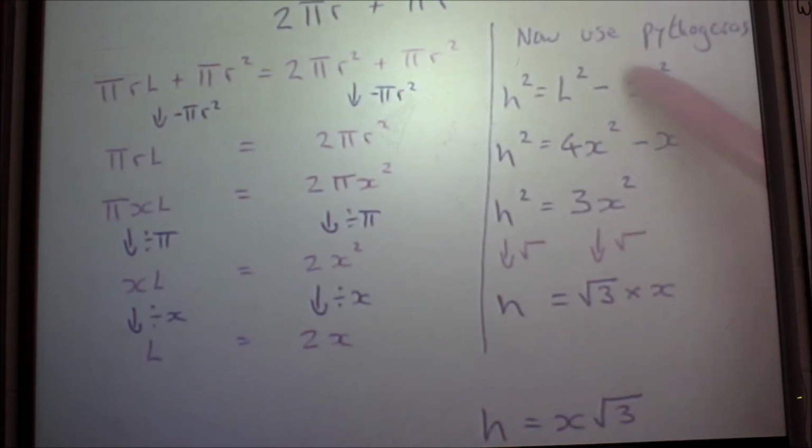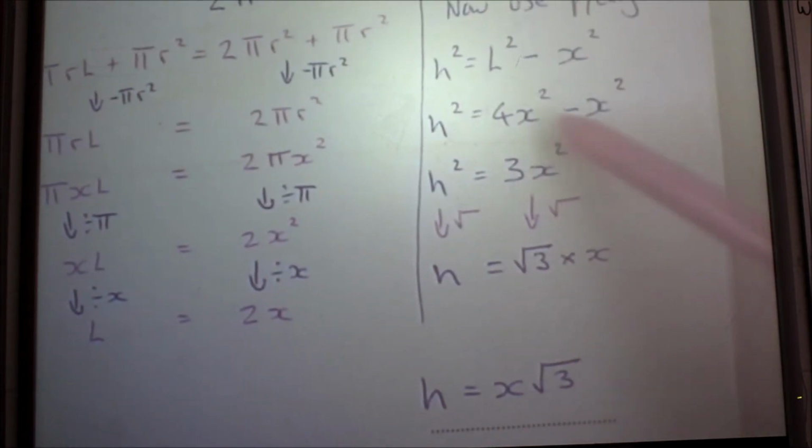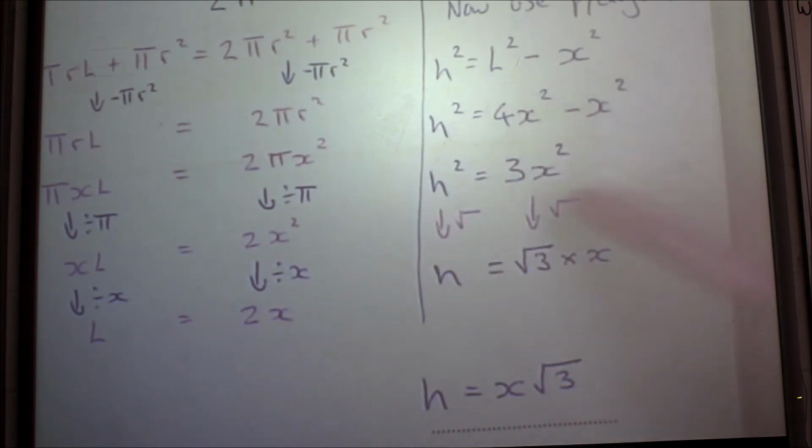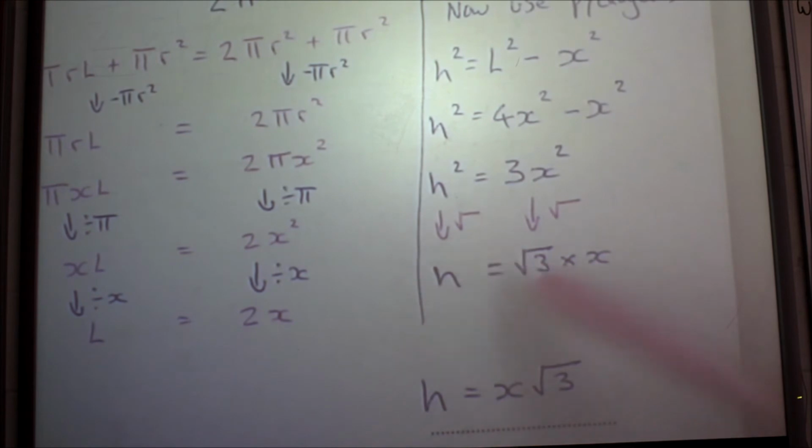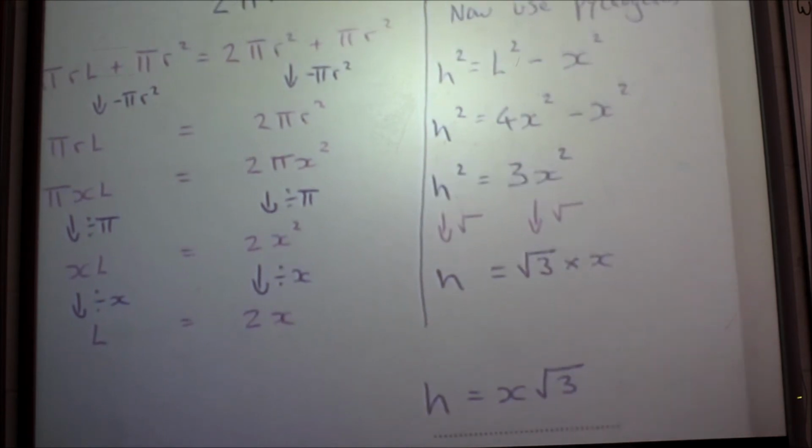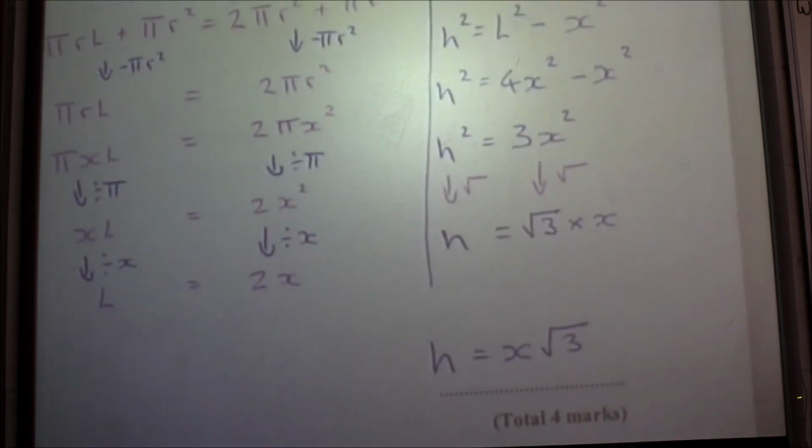Take away x squared, because up here it's just take away x and we square it, that's why it's x squared. So h squared equals 4x squared, take x squared is 3x squared, square root both sides, so h equals root 3 times x, so h equals x root 3. 4 marks for that nasty question.